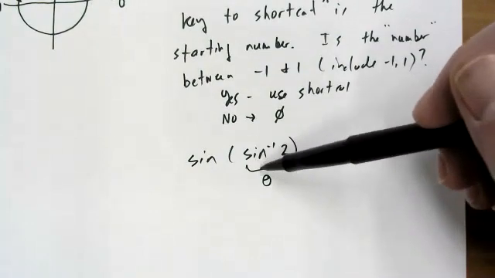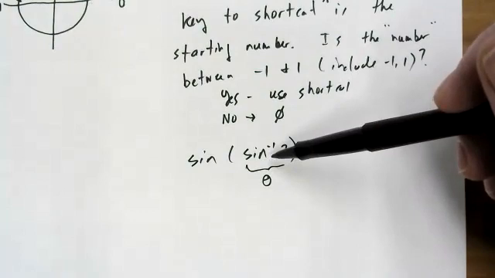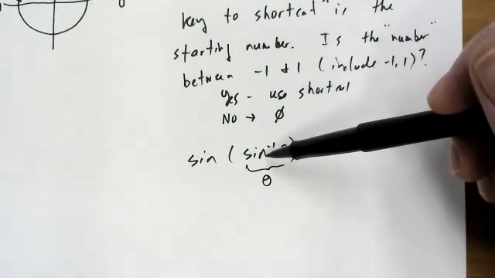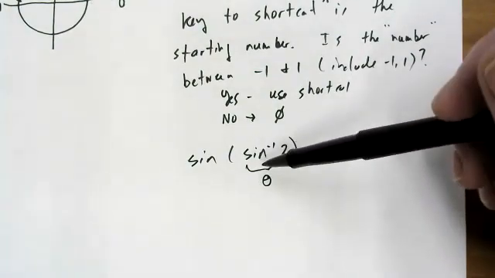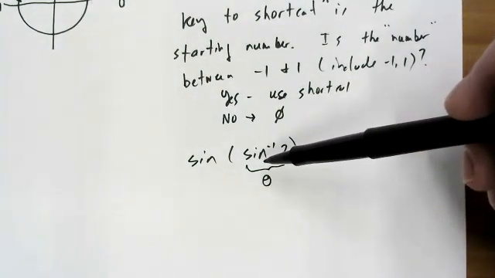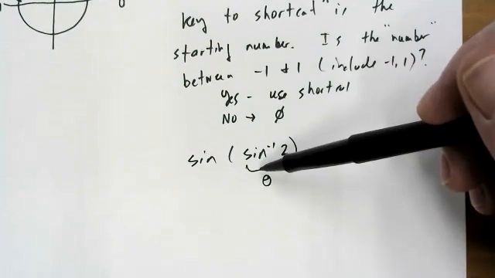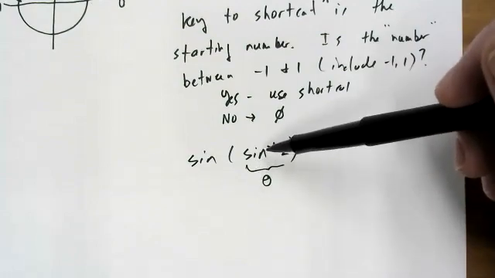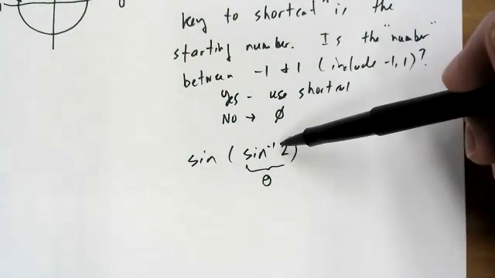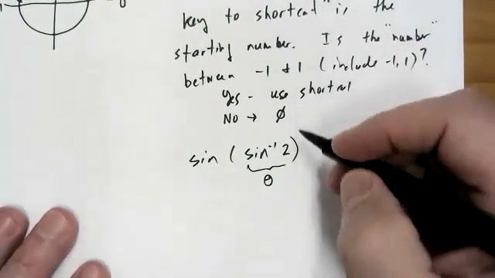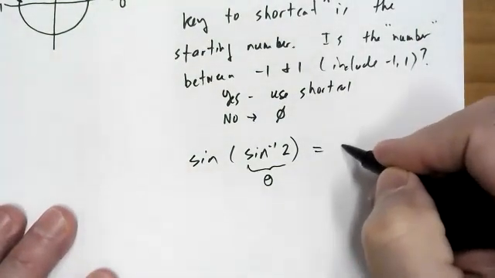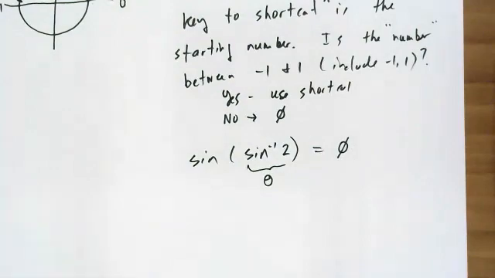That angle doesn't exist. The sine of an angle has a maximum value of 1. So how can I find an angle where the sine is 2? I cannot. So if you have a problem like this, there's no solution.